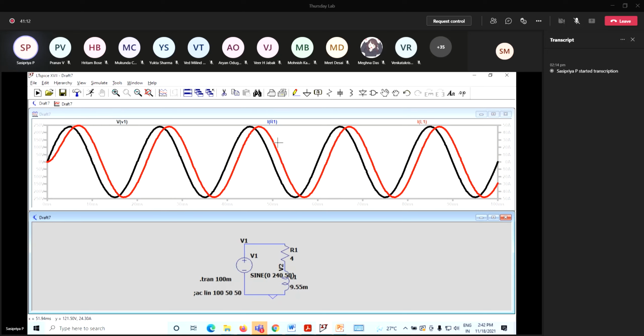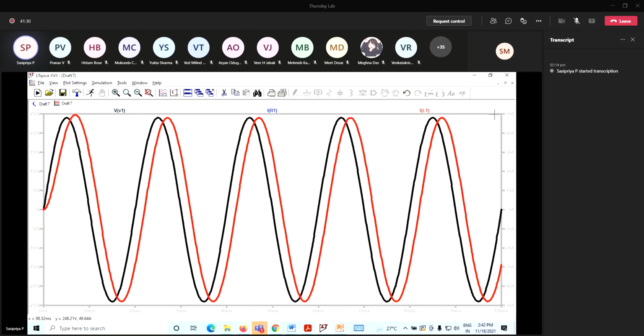Now I got the voltage, I got the current. What is the question? You are asked to calculate the current and the phase angle difference between the voltage and current. So how do I find the phase angle difference? From this, I can find the current value. If I place my cursor here, I of R1 and I of L1 are the same only.